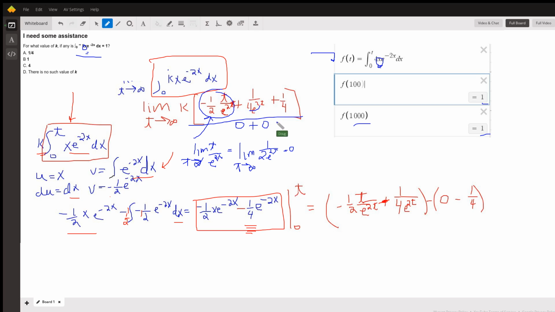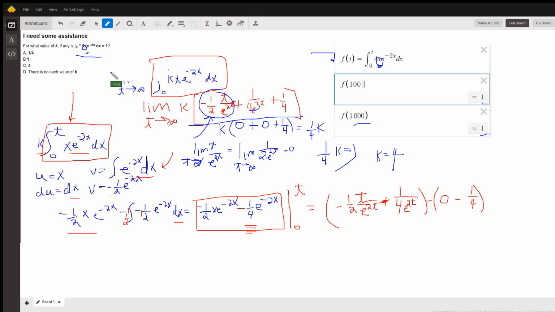We have a plus 1/4, and we're multiplying that by k. So we get 1/4 k. And we want to know for what value of k does that equal 1. That will happen when k equals 4.